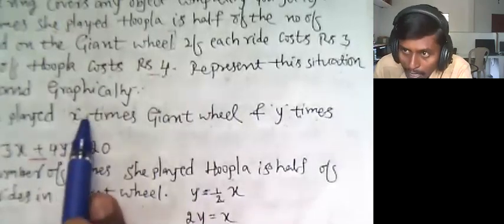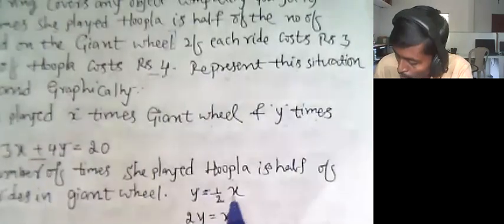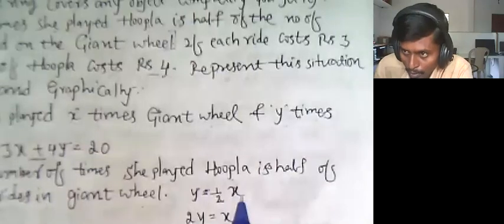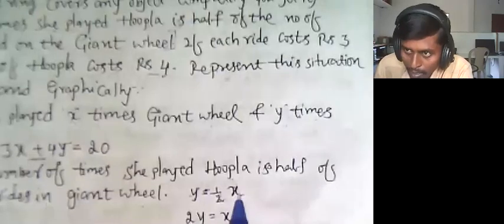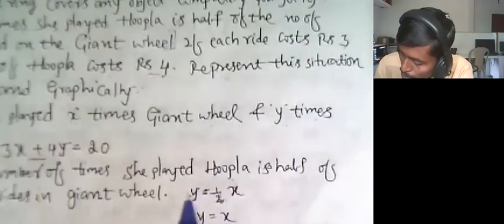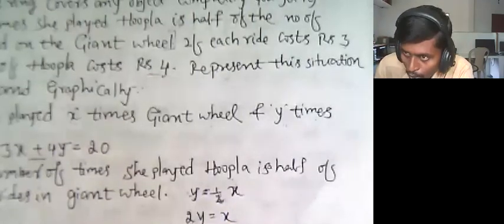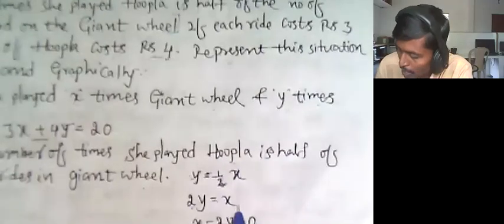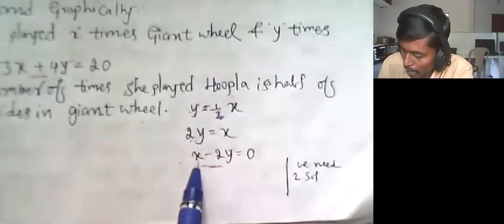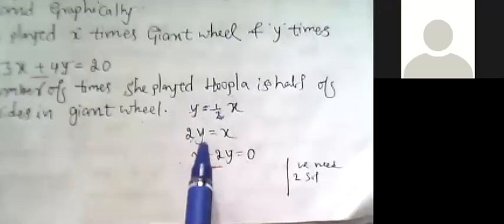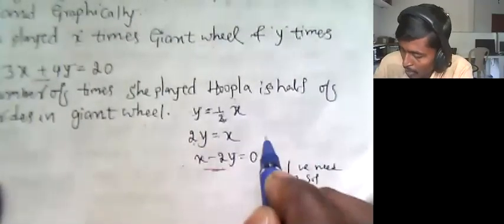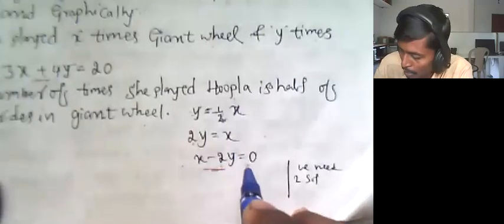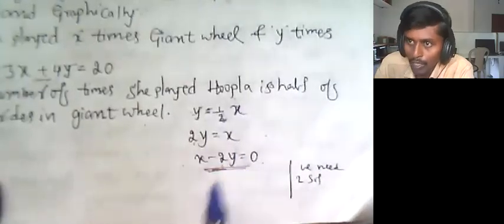X times. Therefore, y is equal to half into x. Cross multiplication: 2 into y, 2y, is equal to x. Therefore, x minus 2y is equal to 0. Here 2y goes to the RHS, so it becomes minus 2y, equal to 0.